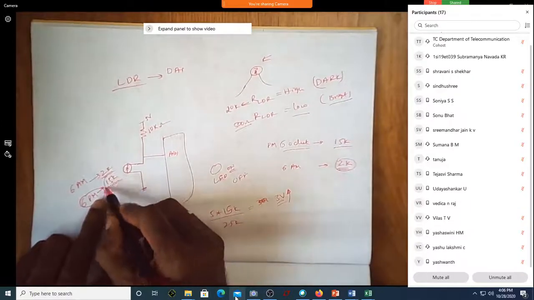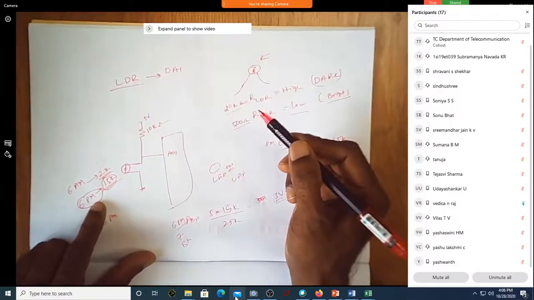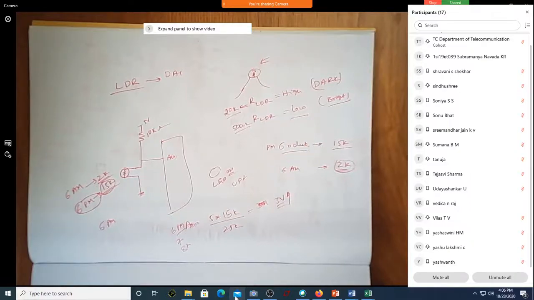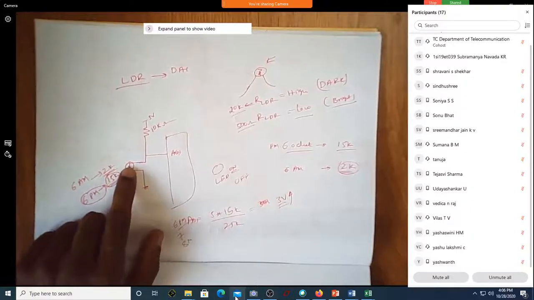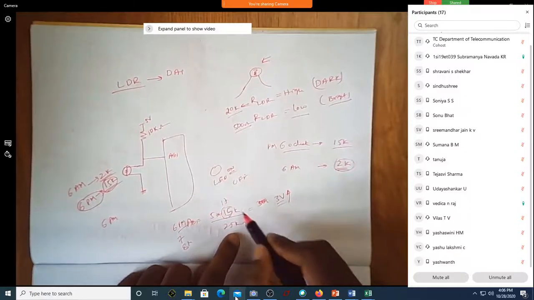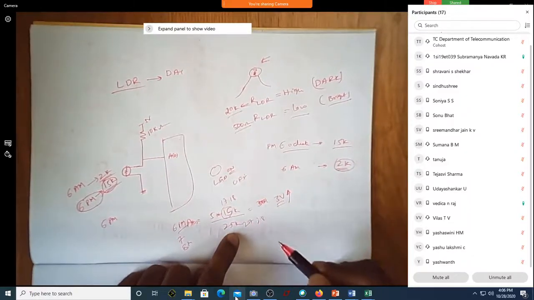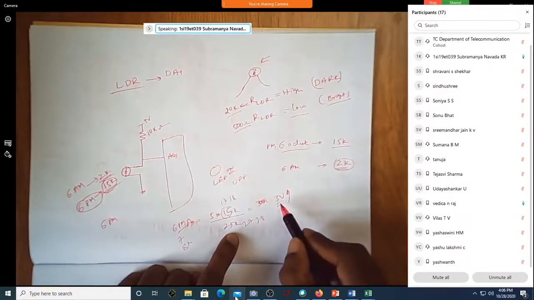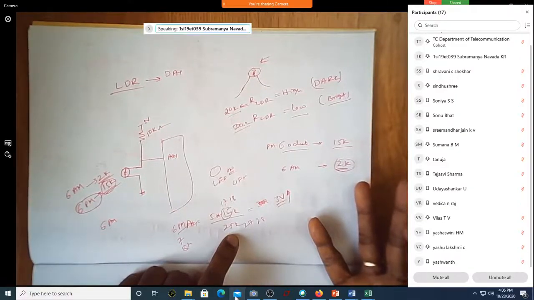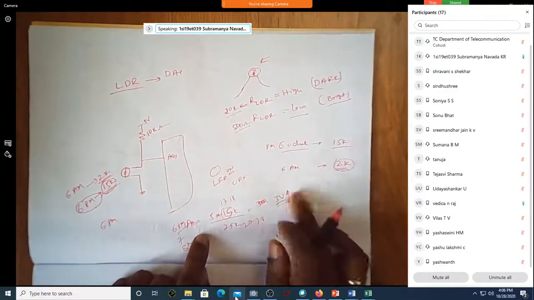Because this is 15K, it can go up to 20K. At 6 o'clock it is not fully dark. At 7 it becomes slightly darker, at 8 much darker, so the resistance will increase. If this resistance becomes 17, this becomes 27, then 18 and 28. Doesn't the voltage increase? It will increase. The darker it becomes, the A0 value increases.